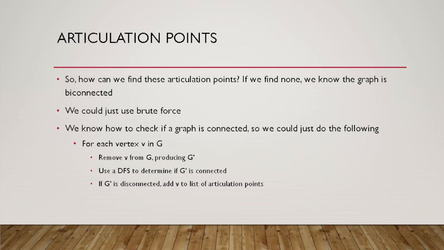Then I'll start with the original graph again, go to vertex 1, remove it and check if the graph is disconnected. And if it is, 1 is an articulation point. That's a quite straightforward algorithm. It just uses the definition: if I want to find an articulation point, I can remove it from the graph and see if the graph is disconnected.